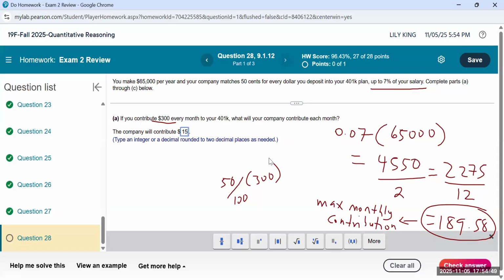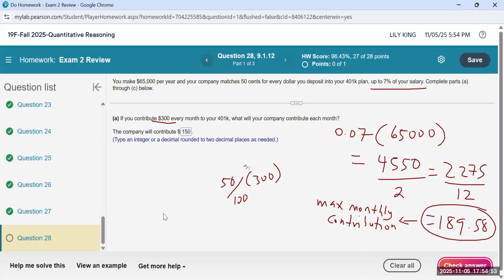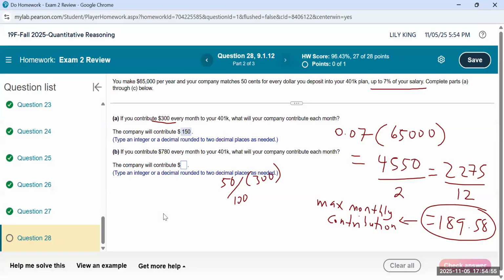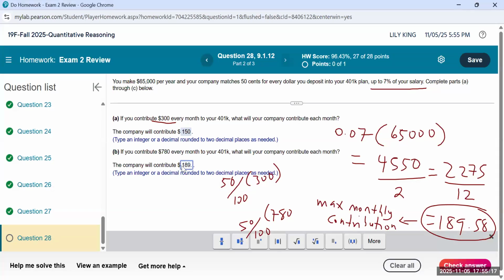And since that is lower than the 189.58, they are going to contribute all the amount. Now, when it comes to the second one, 50% of $780 is $390. This is higher than the $189.58 they are going to contribute up to. So the company is going to contribute the $189.58.